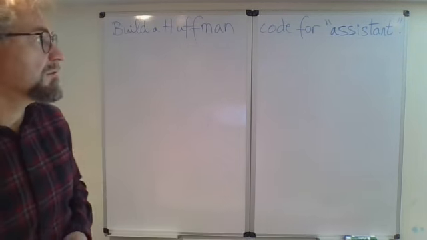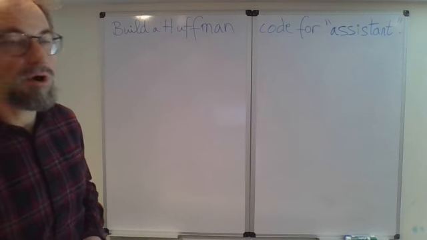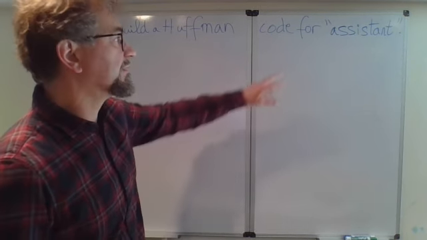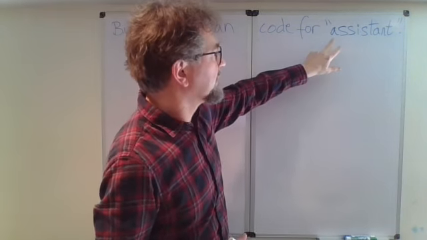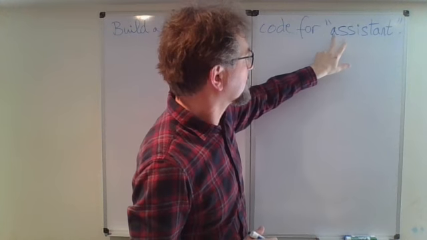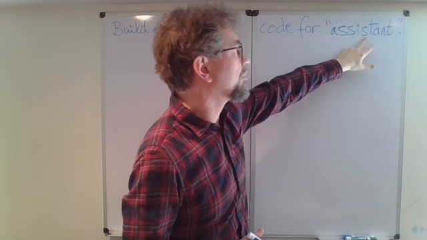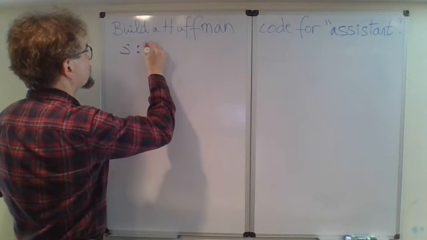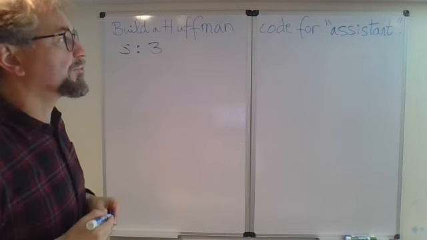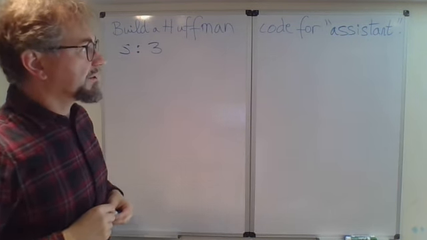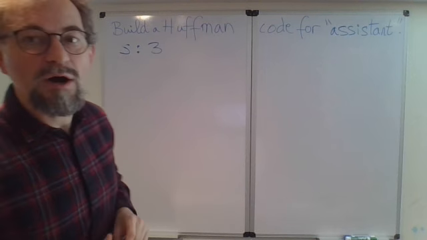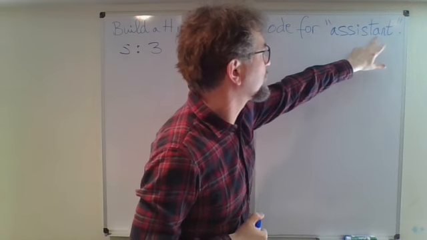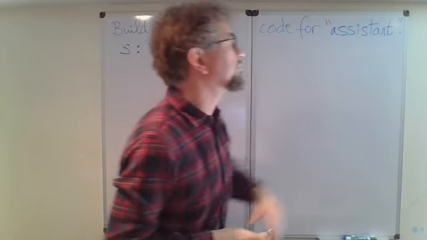So we will make a frequency table of the characters in this word, and you can see that the word contains 3 occurrences of S, so we will put that on top. Then there are 2 letters that occur twice, so A occurs twice and T occurs twice.